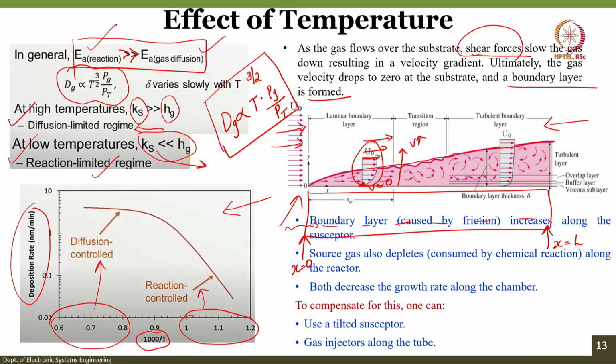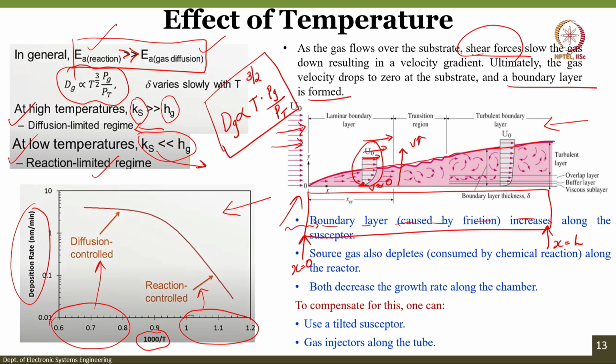This is not a physical layer existing in the chamber, but a concept arising from the velocity gradient, which in turn is due to the shear force that acts on the gas molecules as they flow above a substrate.